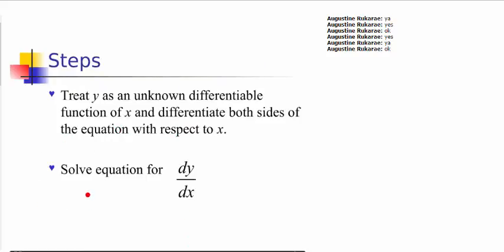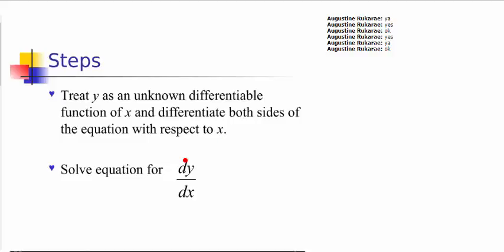So the first step is to know whether the equation is in terms of one variable equals something or not. If not, then we have to apply implicit differentiation. Now, we have to treat y as an unknown differentiable function of x and differentiate both sides of the equation with respect to x.